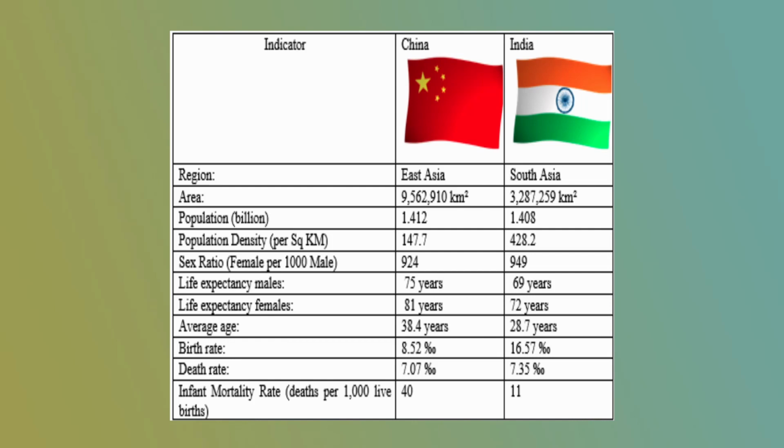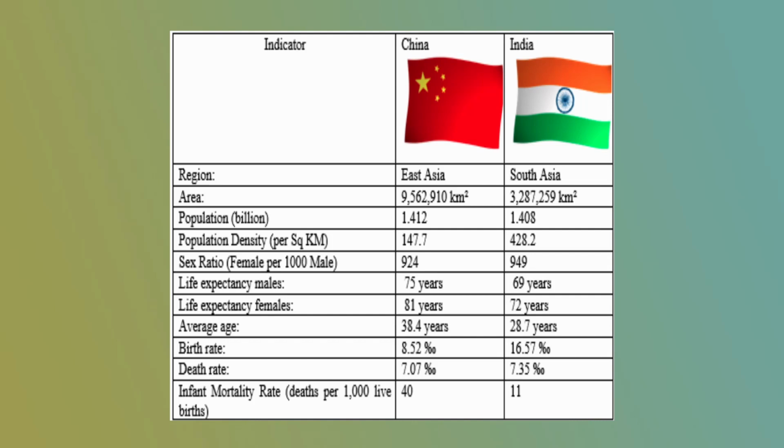As regards population, both the countries have a population of nearly 1.4 billion in the latest year, 2021. The population density of India is 3 times higher than that of China. Similarly, the sex ratio, which is measured by the number of females per 1,000 males, is also higher in India.